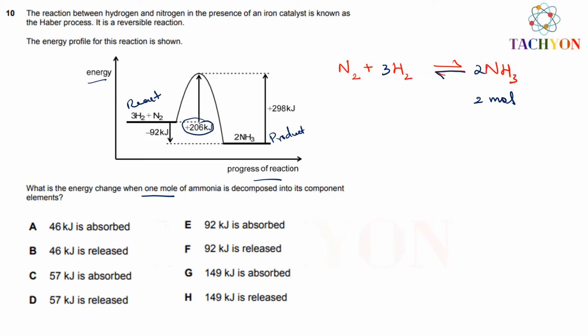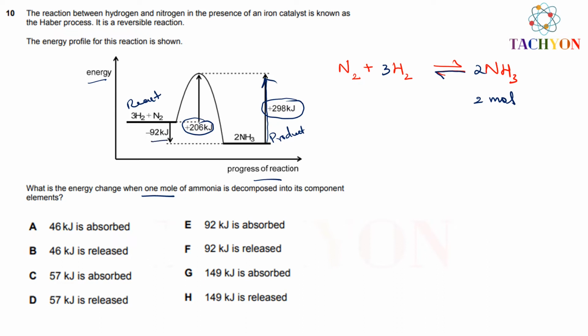Now you might have a question, what is this plus 298? This is the activation energy for the reversible reaction, but they are asking you how much heat is required to decompose the 2NH3. Simply for making 2NH3 it released minus 92 kilojoule.